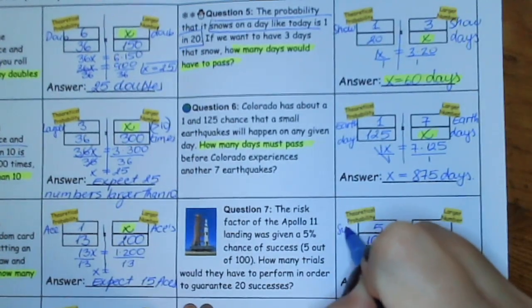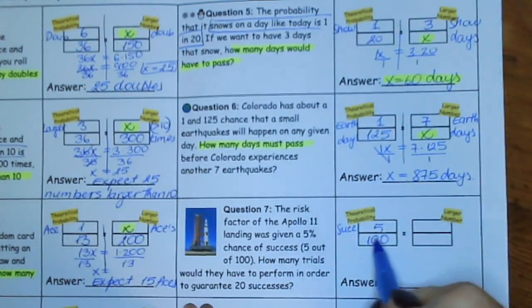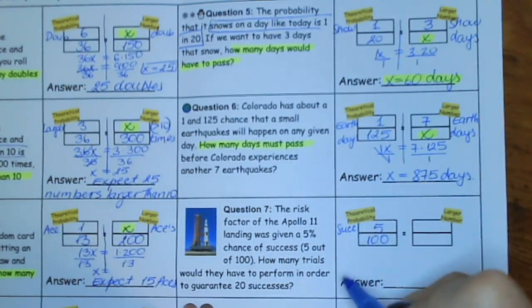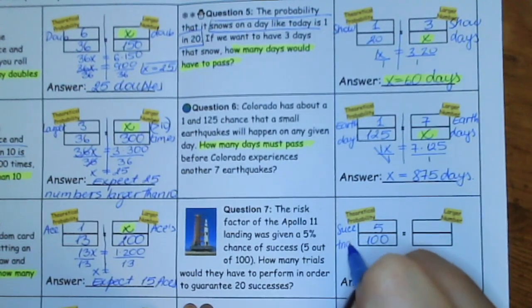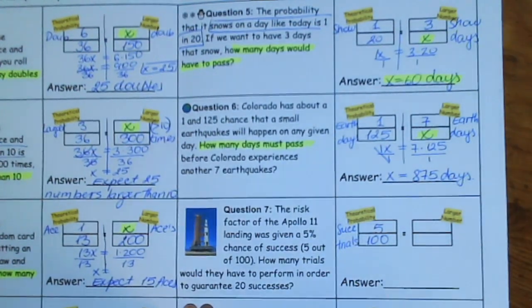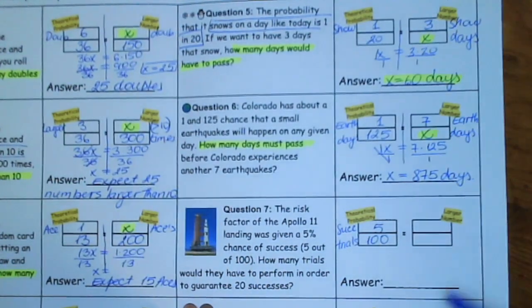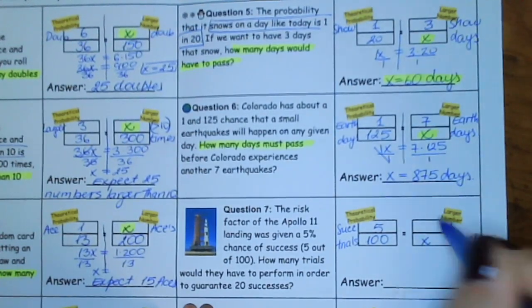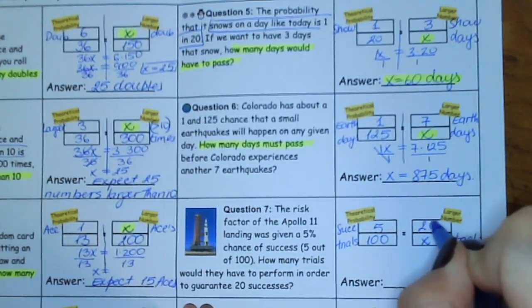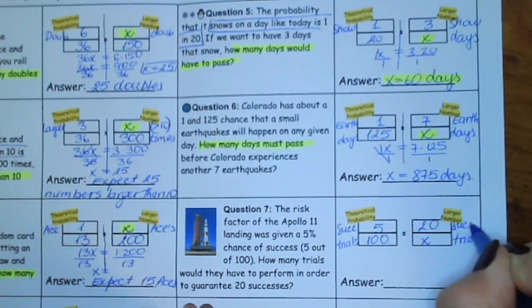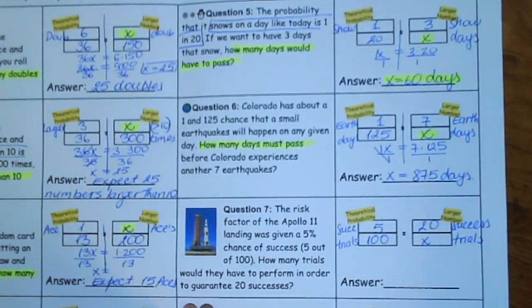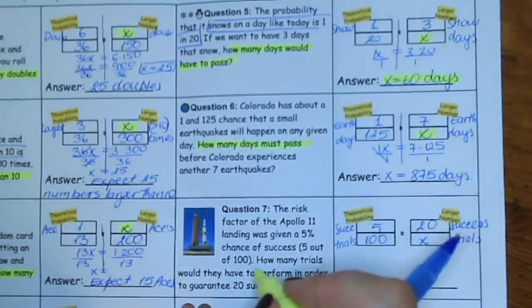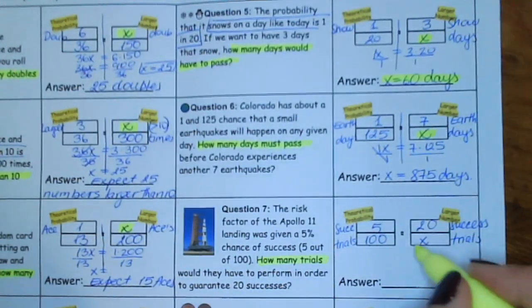So the success is 5 out of 100 trials. Based on my ratio, the question is, how many trials, I don't know, would guarantee 20 successes? So my variable is how many trials?